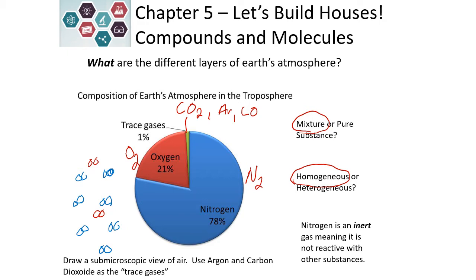And then the rest is a mixture of carbon dioxide, argon, and carbon monoxide. Just for our example, I'm going to draw one carbon dioxide molecule. So about 70%, or 7 molecules out of 10, would be nitrogen, 2 would be oxygen, and 1 would be our other trace gases.